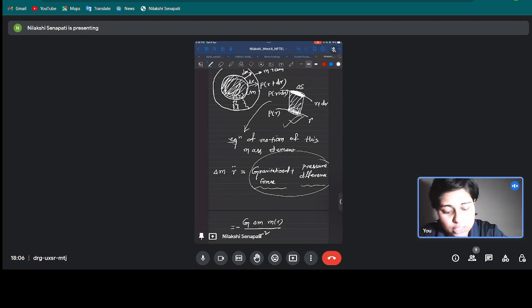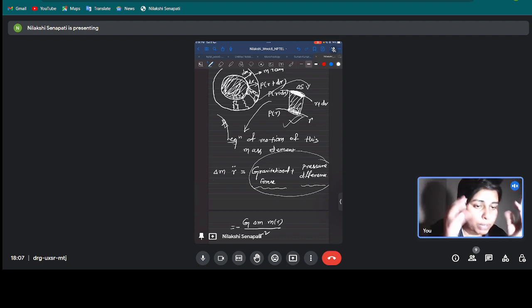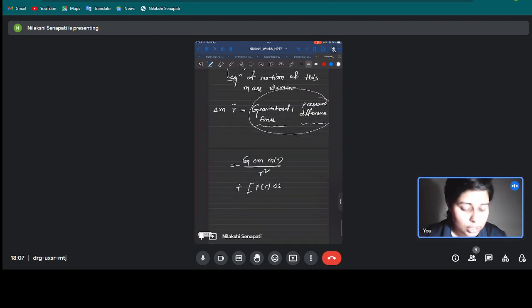Suppose this piece I have taken, that is delta s, because we don't want to consider the curvature of it. We can consider a circle with multiple pieces of plane, and we are considering a plane only. That's why we are considering a particular element there, not the whole thing.